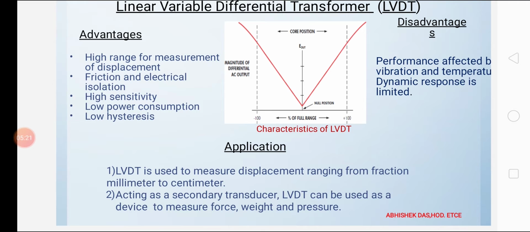Application: LVDT is used to measure displacement ranging from fractions of a millimeter to centimeters. Acting as a secondary transducer, LVDT can be used as a device to measure force, weight and pressure. And this is the characteristics of LVDT.